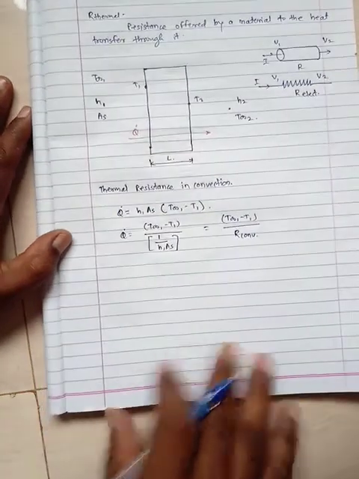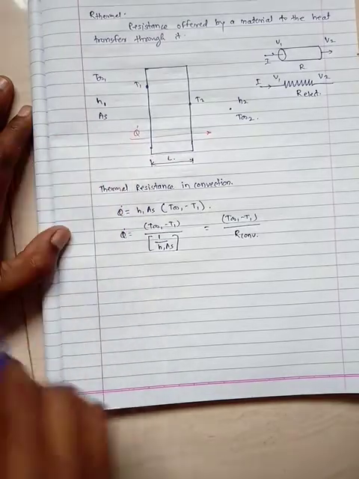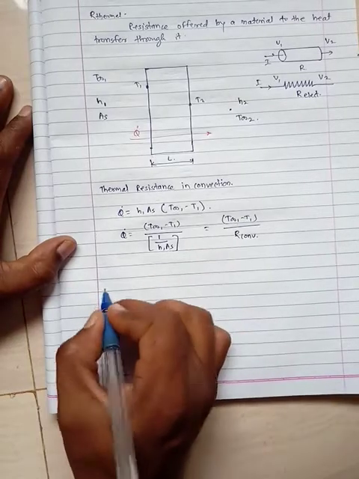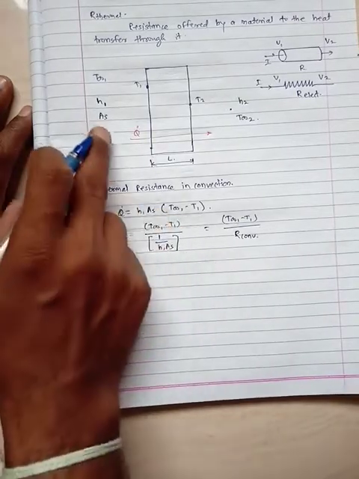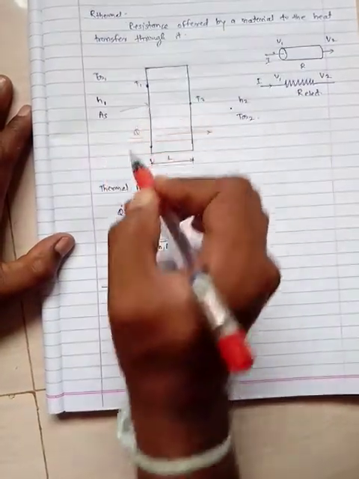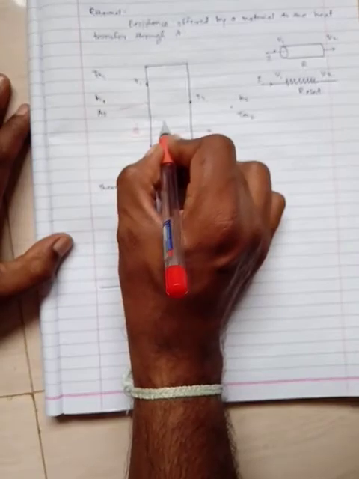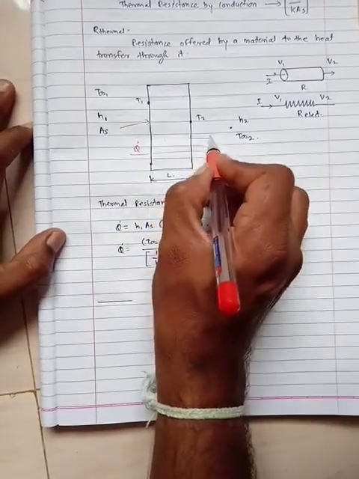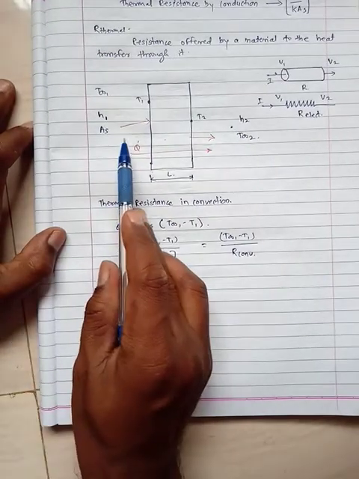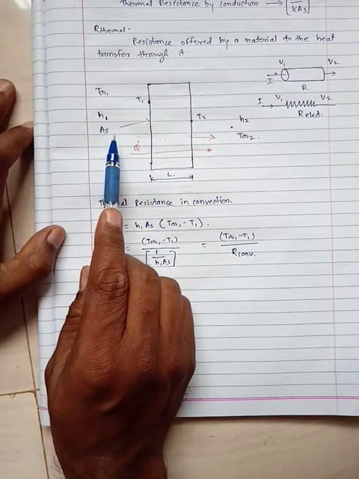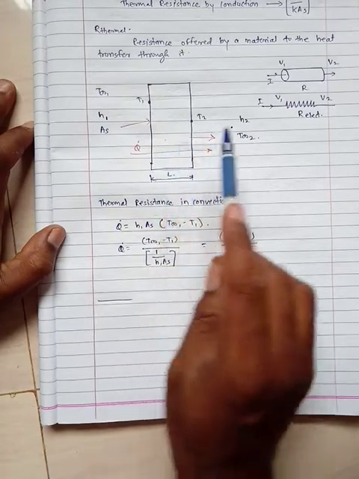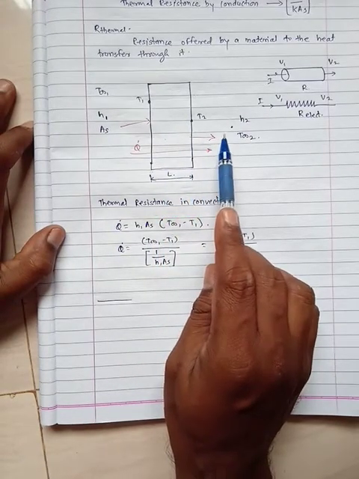Now for this figure we will draw a network similar to an electrical network. The first heat transfer is by convection into the wall, then there is heat conduction through the wall, and from that heat is convected out of the wall. So first we have the thermal resistance offered by the convection, then the thermal resistance offered by the wall material, and the thermal resistance offered by the convection out of the wall.